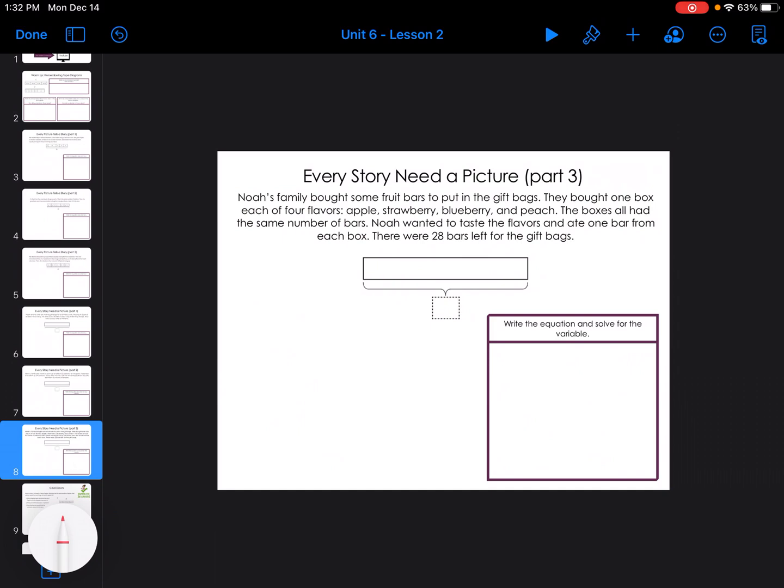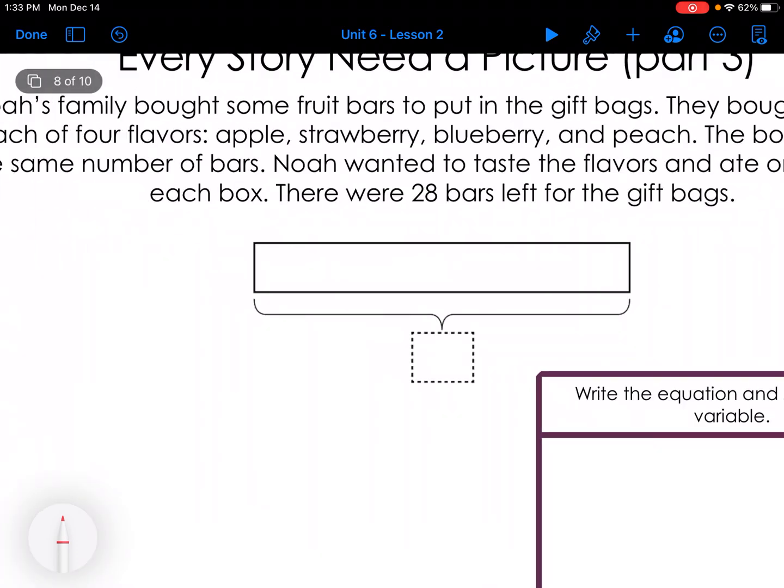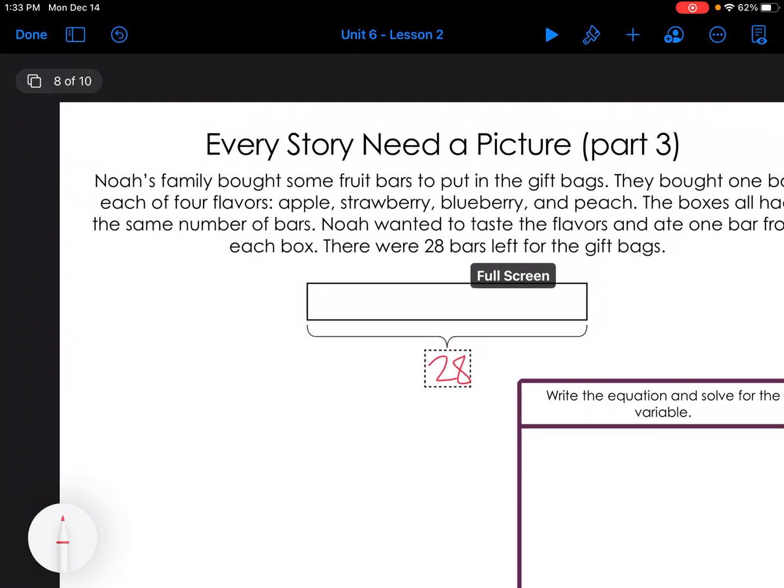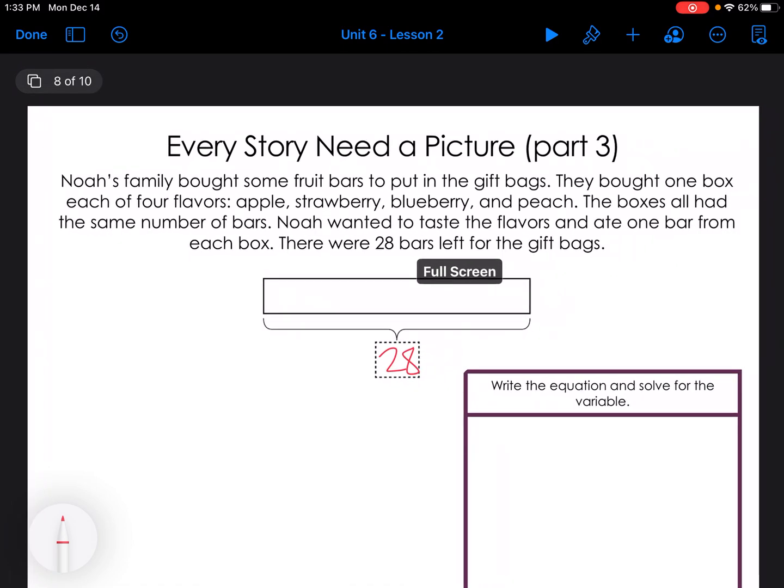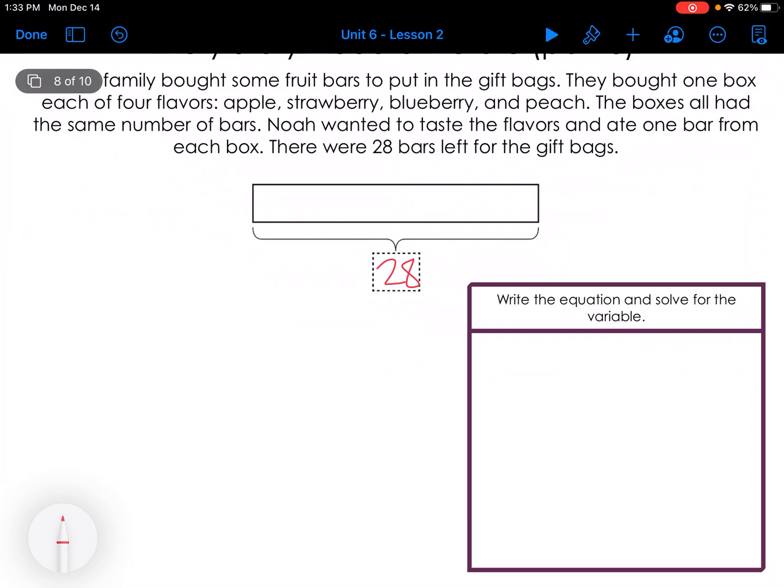All right, Noah's family bought some fruit bars to put in gift bags. They bought 1 box of 4 flavors: apple, strawberry, blueberry, and peach. The boxes all had the same number of bars. Noah wanted to taste the flavors and ate 1 bar from each box. There were 28 bars left for the gift bags. So that's 28. We know that there were 4 groups, right?